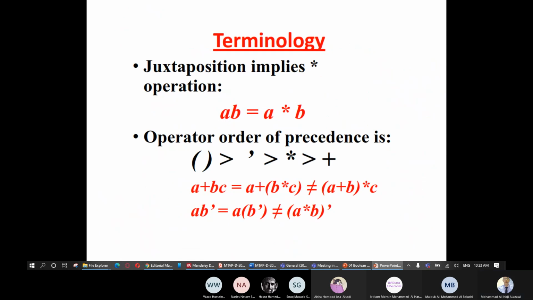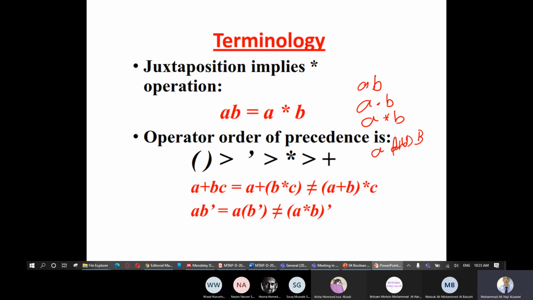Okay. Now about the operations, you can write AB. That means A dot B, which means A asterisk B, which means A AND B. Okay, it's all right.